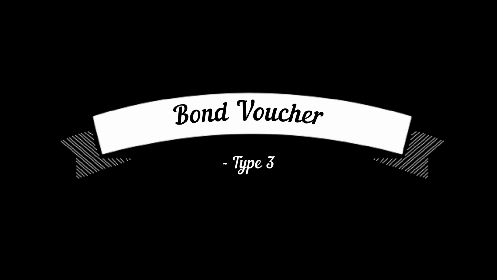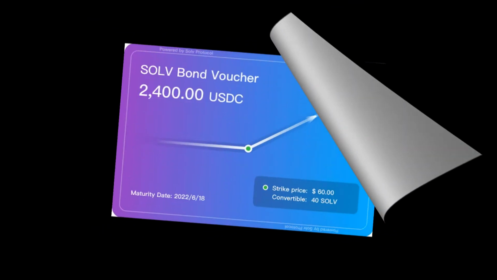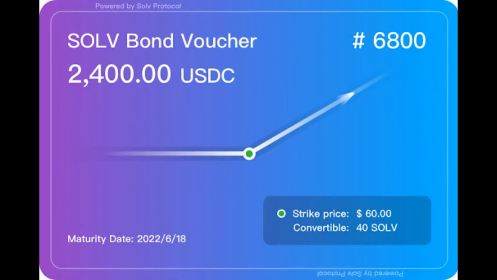It's a bond plus an option. Like this one, the nominal value of this bond voucher is $2,400. You can purchase this one and maybe you only need to pay about $2,000, and the face value means that you can get $2,400 back at the maturity date.